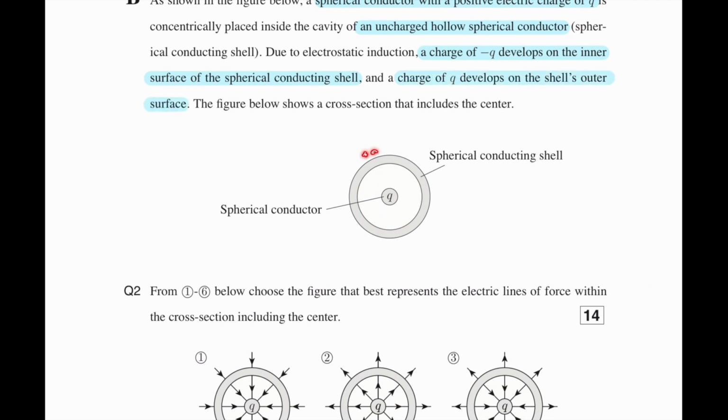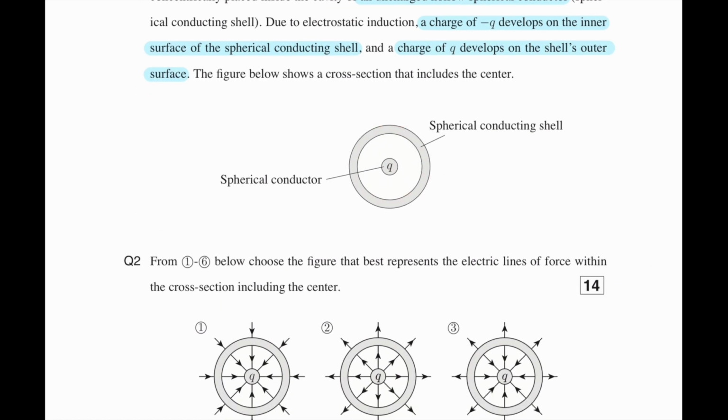Plus Q is here. I will write it down like this. This is negative Q, spread out along the inner shell, and positive Q is spread out along the outer shell.